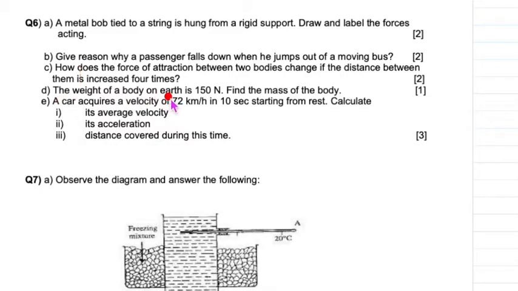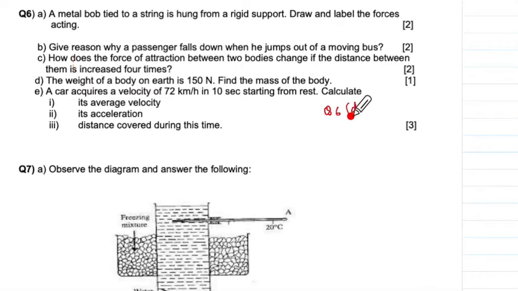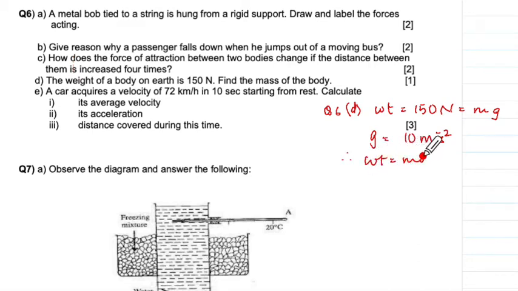6d. The weight of the body on earth is 150 Newton. Find the mass of the body. Now this one is a very simple question. We know that the weight of the body is 150 Newton, and weight means it is mg, and the value of g is 10 meter per second square. Therefore, weight equal to mg, which is equal to 150 Newton.